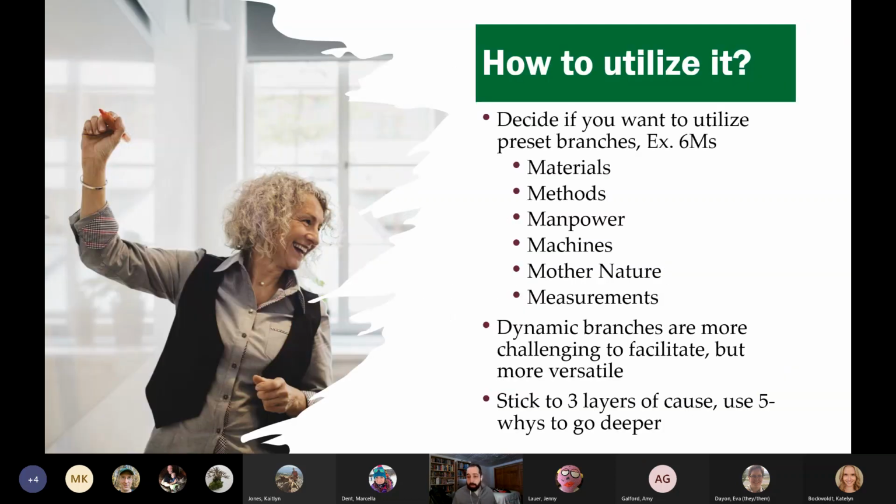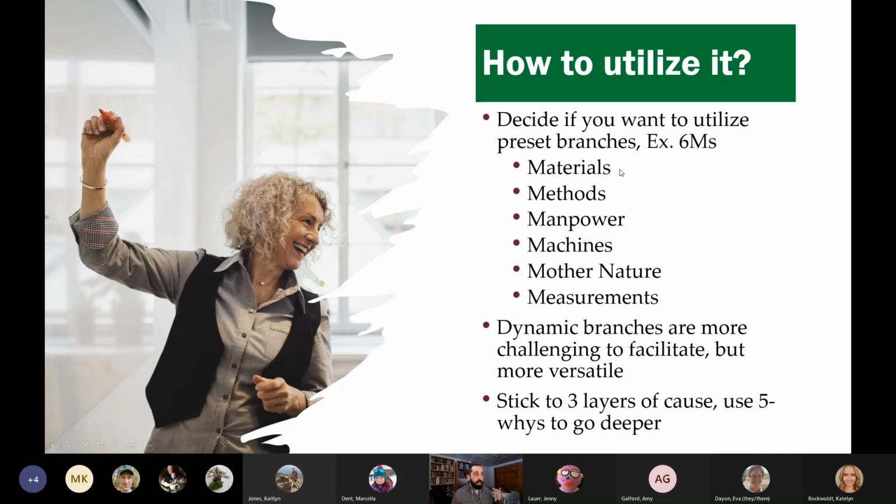So how do you actually utilize it? There are a couple ways that you can use the tool. Again, it's still oriented around these branches. It's just how you decide to utilize those branches. So you can go with a default like the 6Ms that we saw in our demo: materials, methods, manpower, machines, Mother Nature, measurements. Oftentimes our problems fall into these categories, right?